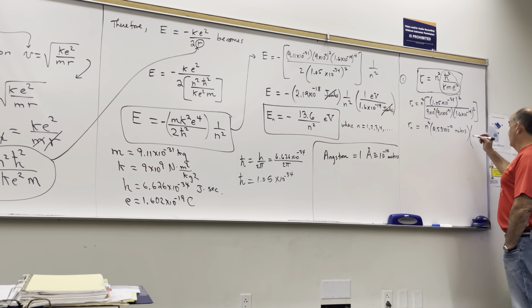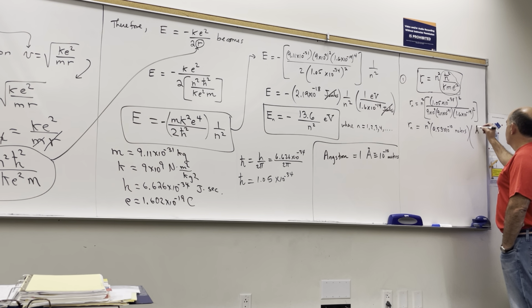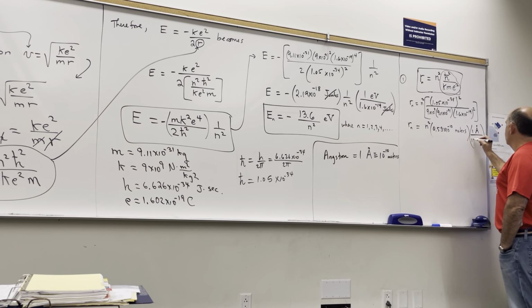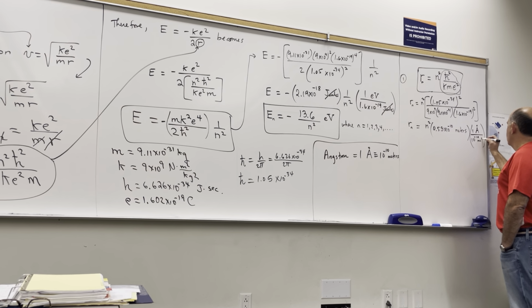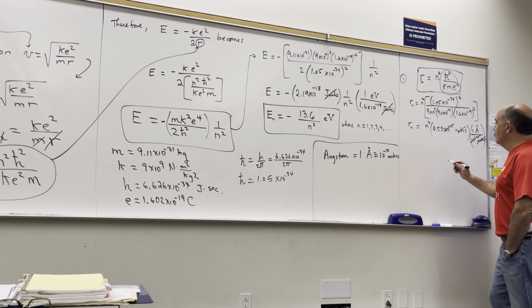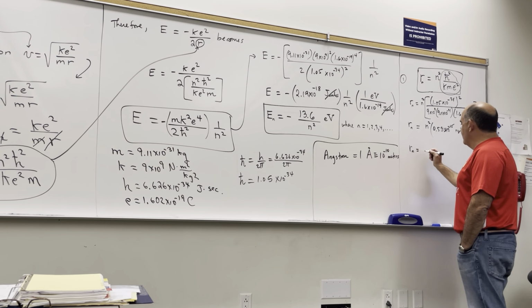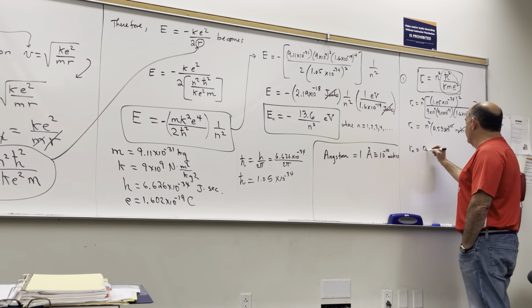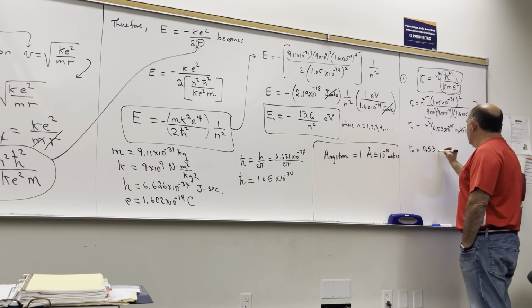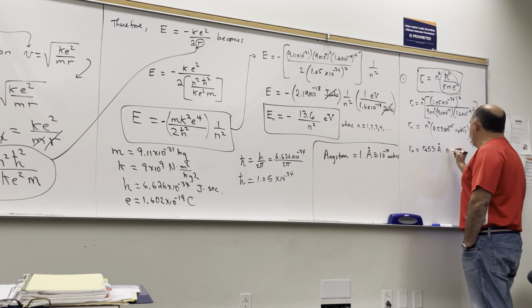So if we convert this to angstroms, the meters cancel and the 10 to the minus 10 cancel, and you get that R_n equals half an angstrom, is what I remember, times n squared.